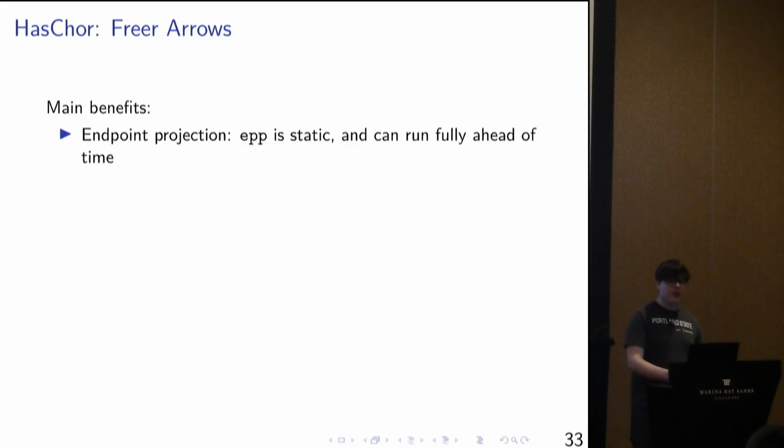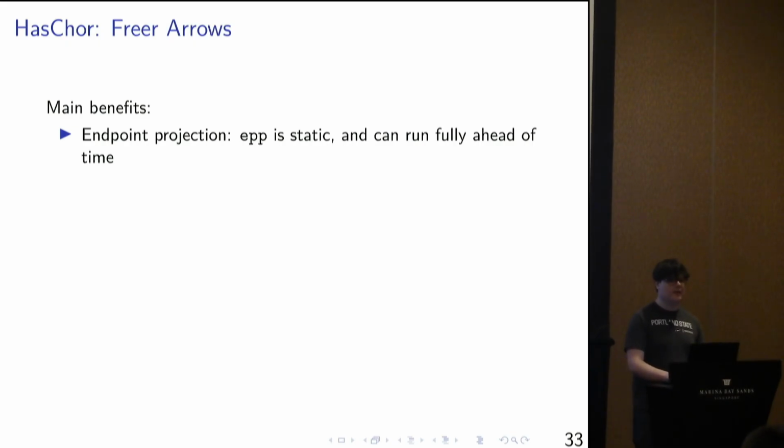So with Haskell using freer arrows, we get a few main benefits. One is that endpoint projection is static in the sense that it can run fully before we start running the program. Of course, everything I'm talking about here is technically still happening at runtime because we're not using any kind of staged programming or metaprogramming.